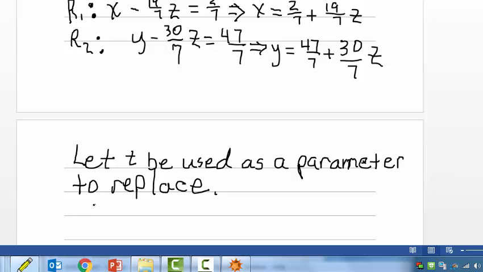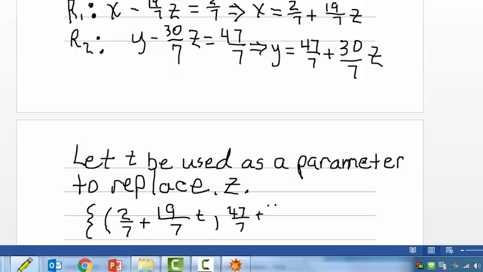And so your solution set is the set of all points where x is 2 over 7 plus 19 over 7t, y is 47 over 7 plus 30 over 7t, and z is equal to t.